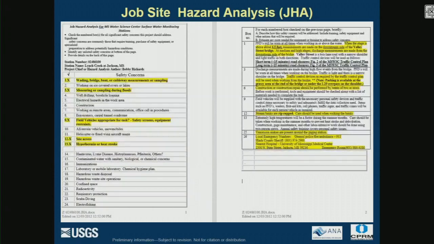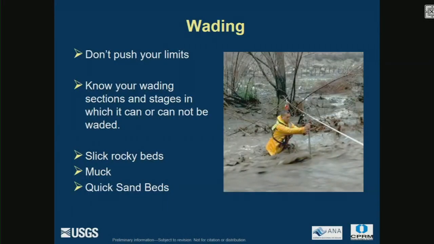That's another word we use for large limestone blocks that are bank stabilization boulders. It's got emergency contact numbers, the nearest hospital. Venomous snakes are present around the gauge. So, you know, these type of things are just information to know. And so this is required. As far as wading goes, I'm sure you all have waded a stream at some time or another.